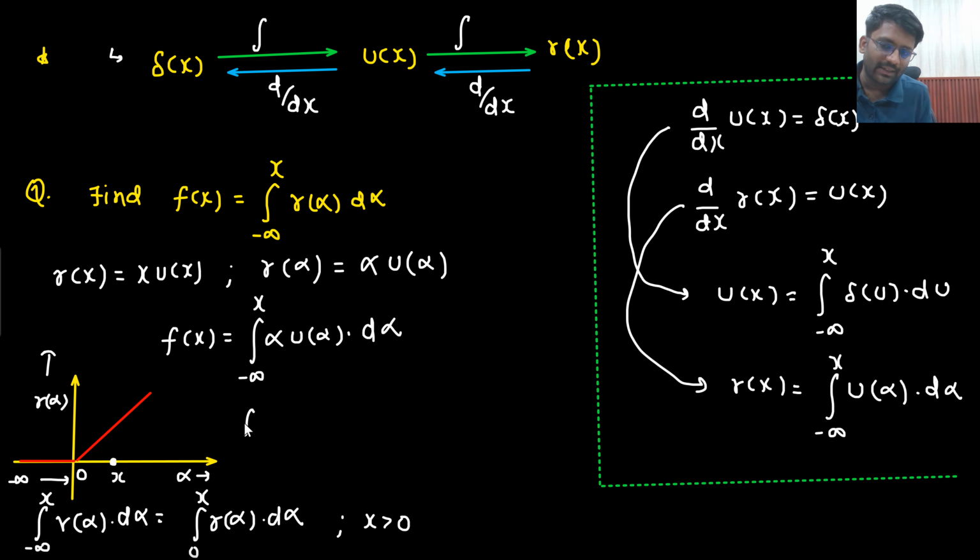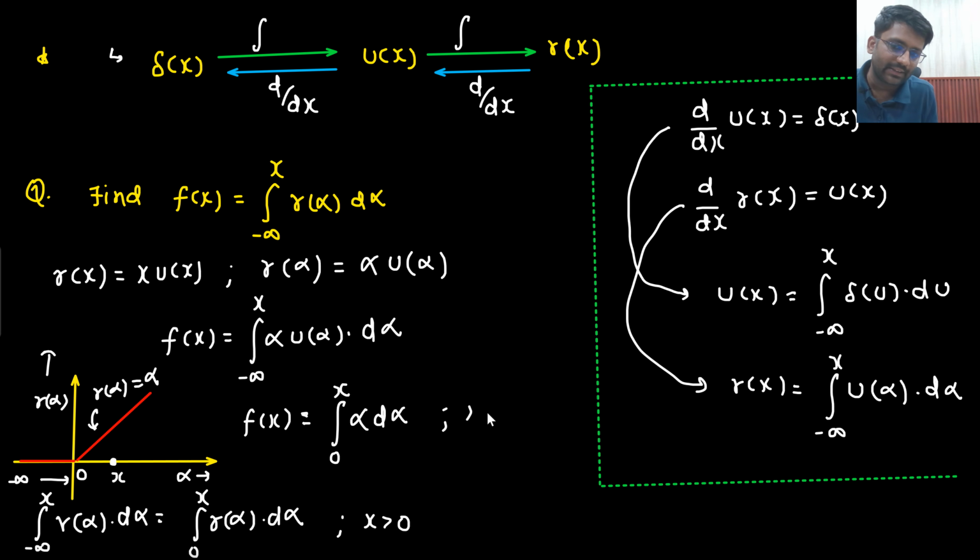So here what I can say, that fx could be written as, between minus infinity to 0, I will get 0 answer only. So fx could be written as integration going from 0 to x alpha d alpha, because you are eventually integrating this graph. What is this graph? R alpha equals alpha only. So I can write down fx equals 0 to x alpha d alpha with the condition that x is greater than 0. Is that understandable to you or not?